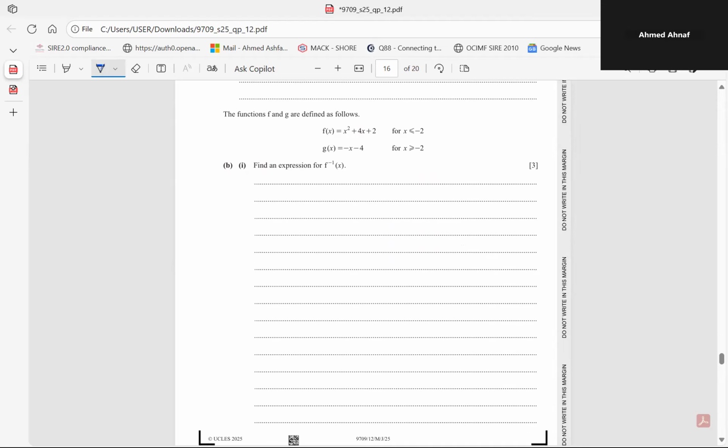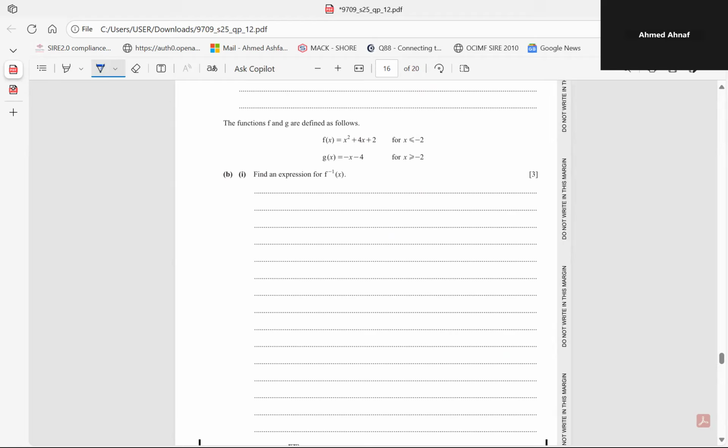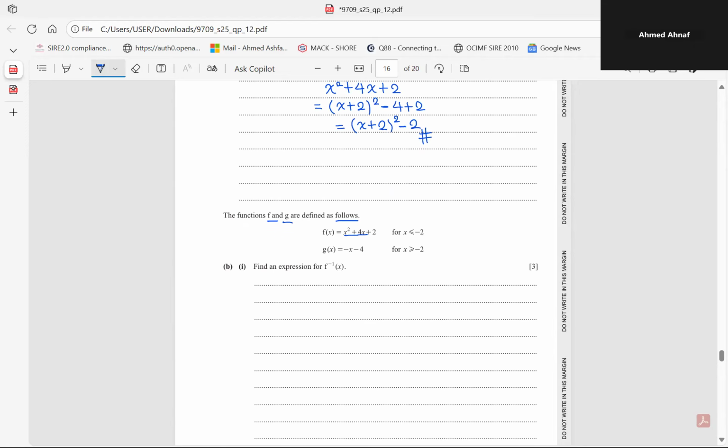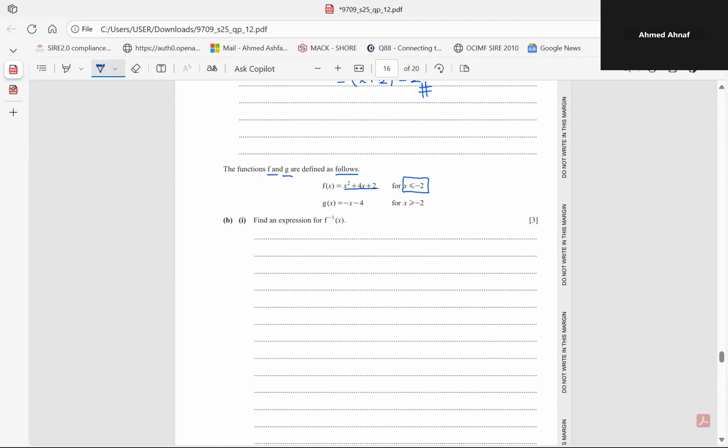Okay, so here we're told that the functions f and g are defined as follows. So f(x) is our previous equation, and the domain is x less than or equal to -2. All right.